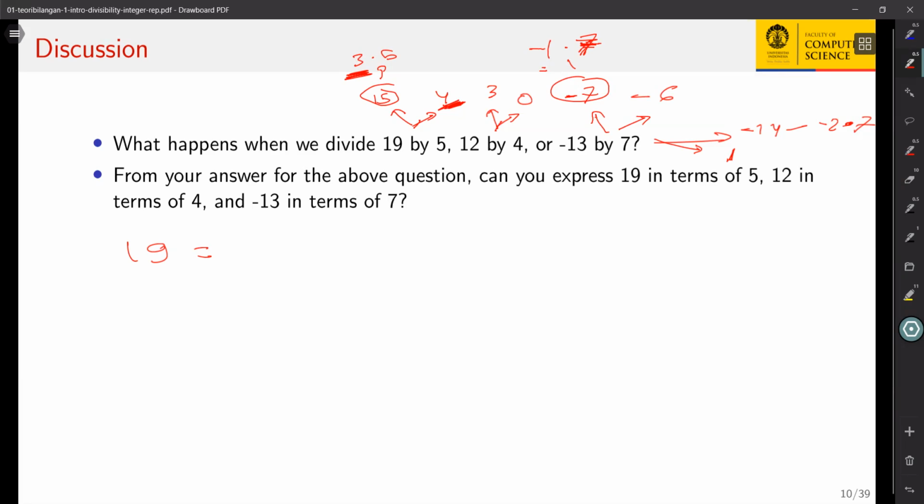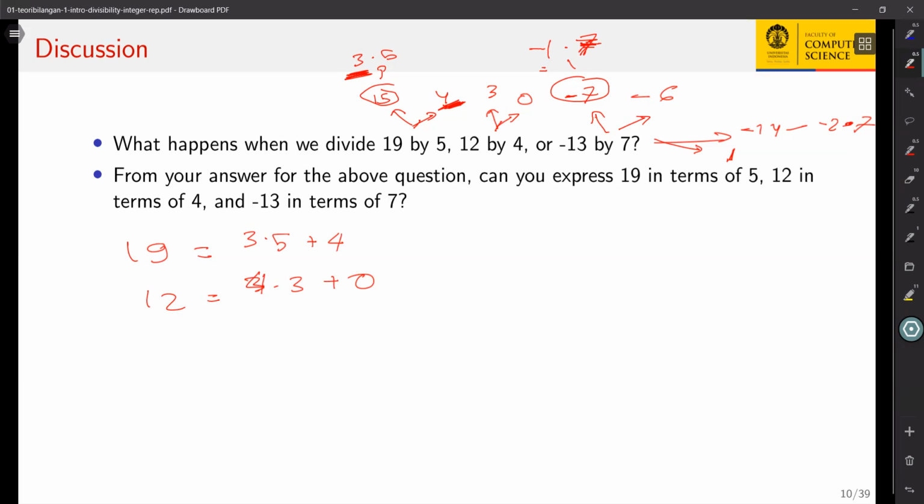How do you write 19? Three times 5 plus 4, correct? How about 12? 3 times 4 plus 0, sir. Okay, 4 times 3 plus 0, right?